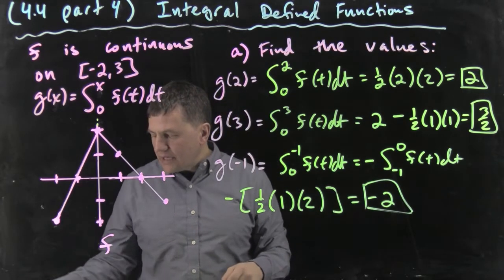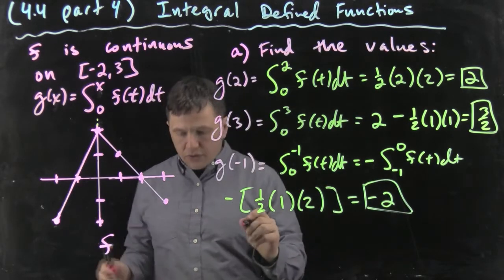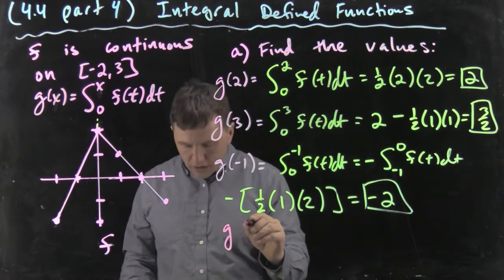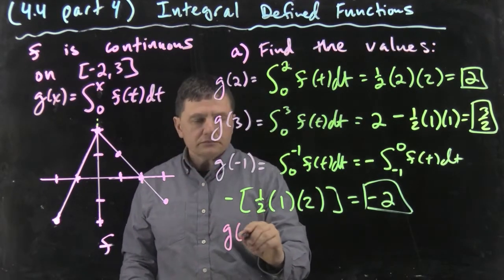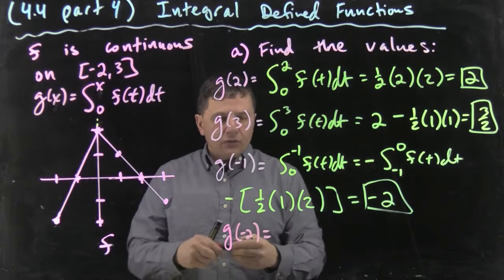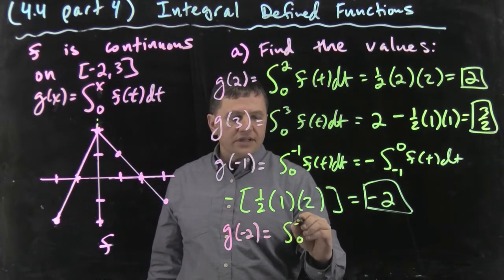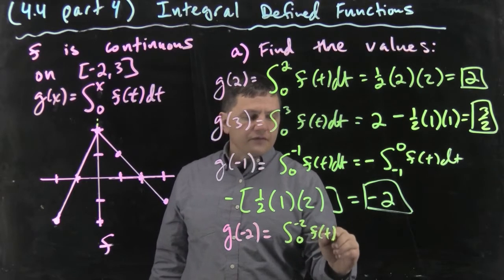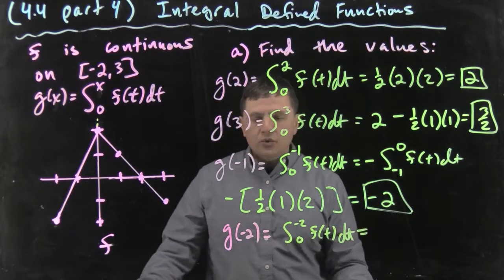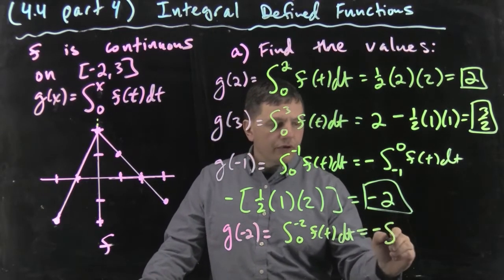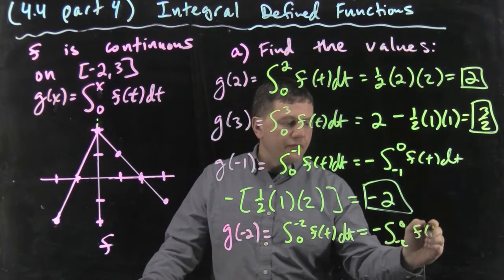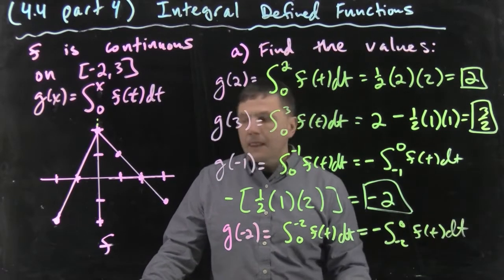And then finally, that leaves us with g of -2, and we're getting the same relationship again. We're going from 0 to -2 of f of t dt, which is equal to negative the integral from -2 to 0 of f of t dt.